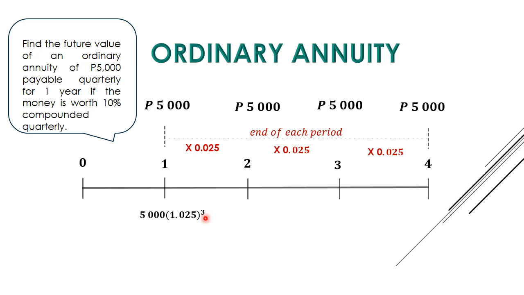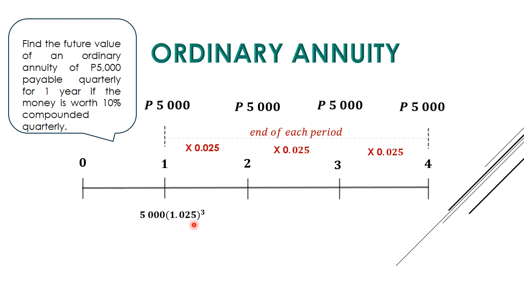The question is, why is the exponent 3? It's because we still need to cover the rest of the interest. Since there are still 3 periods for which we need to pay interest, we need to cover it for the first payment.